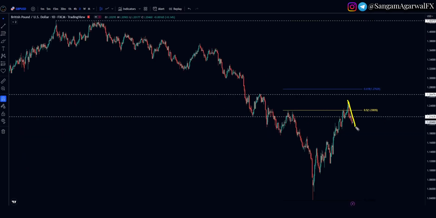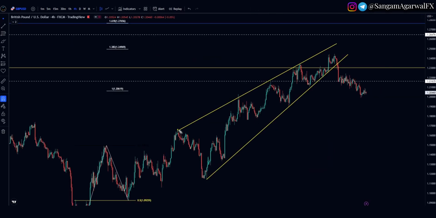So from this top, correction has started, and this chart pattern was mentioned in the last video, and it made a double top before coming down. So this pair gives you a clear signal.